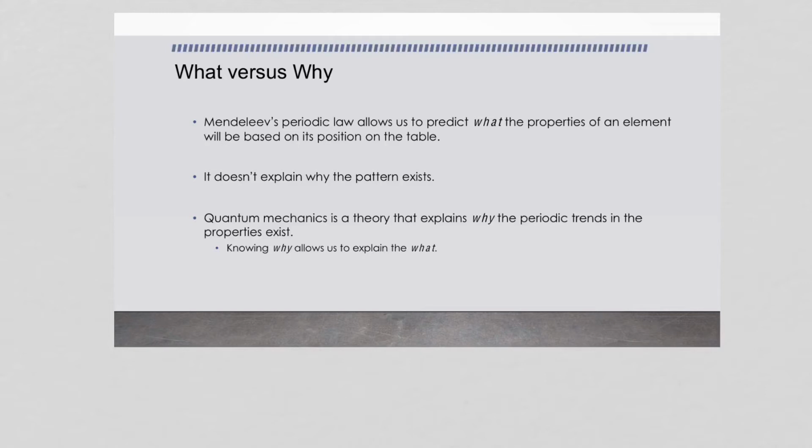What quantum mechanics is striving to do is to explain why we see this. Why do we see this movement in the properties? Why do we see the size of the atoms change as we go in one direction or another? Or why do we see this property move in one direction as we go across the periodic table? So it tries to explain why we see these periodic trends.